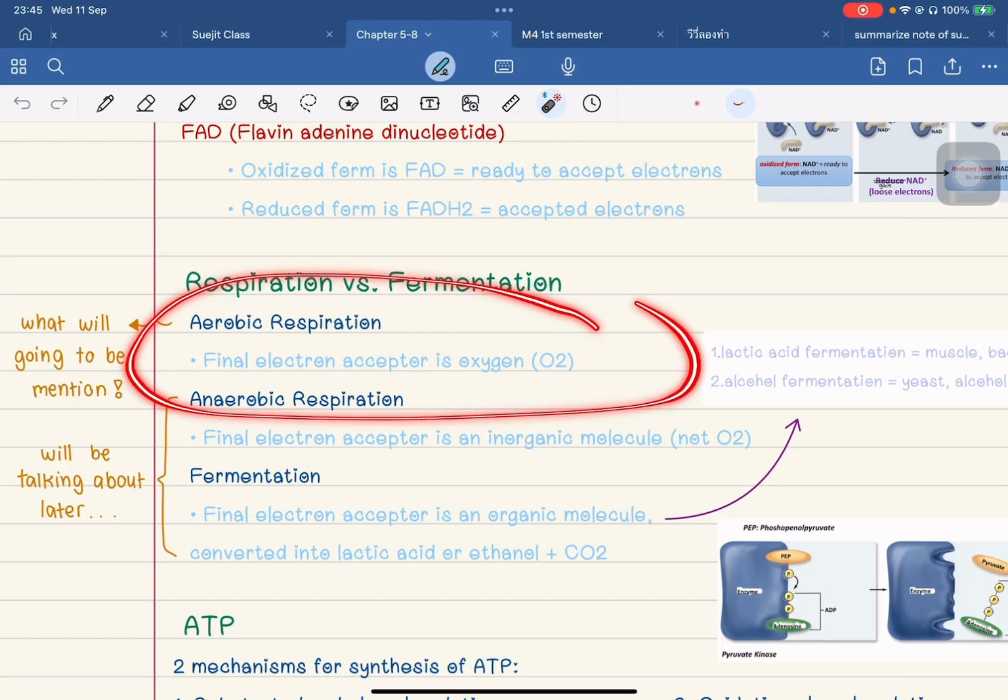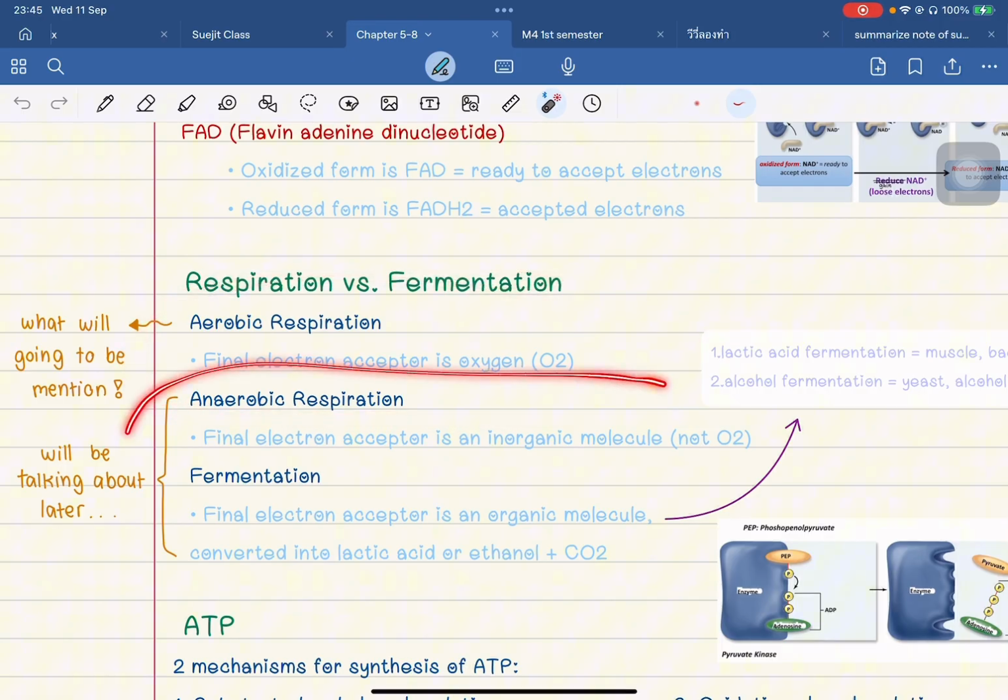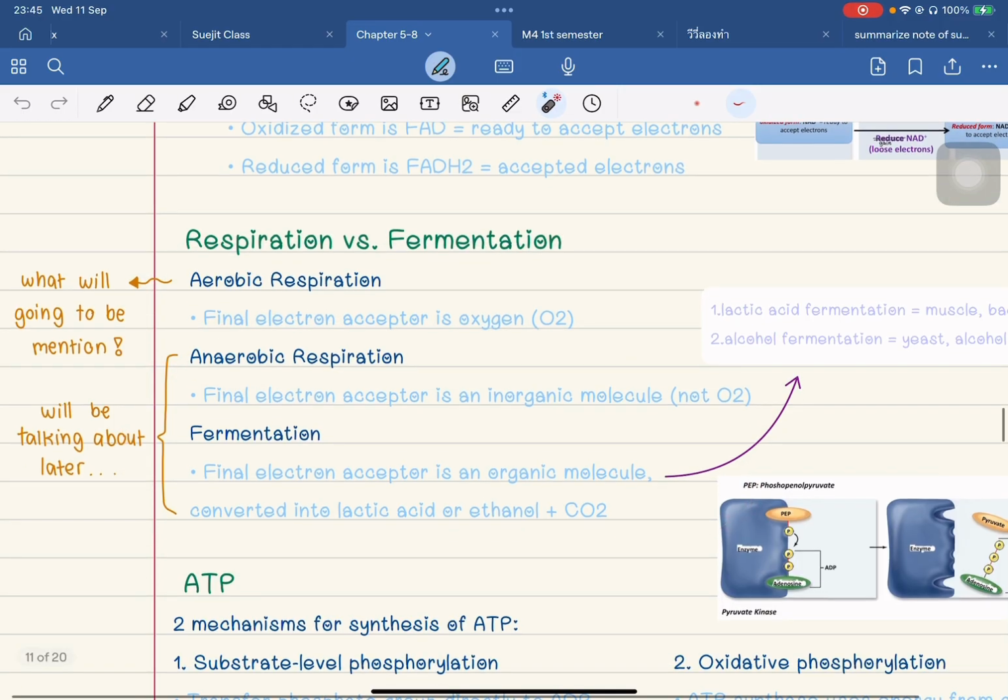So this one requires oxygen, while the other two don't. In anaerobic respiration, the final electron acceptor is an inorganic molecule, which is not O2. And in fermentation, the final electron acceptor is an organic molecule, which is converted into lactic acid, or ethanol and carbon dioxide.